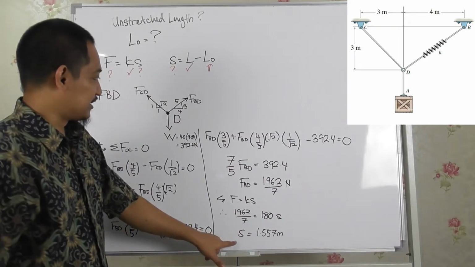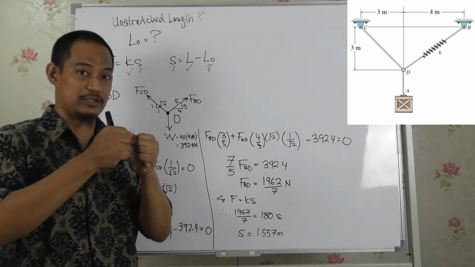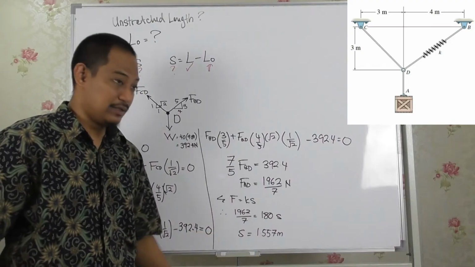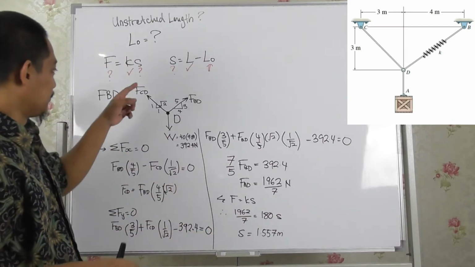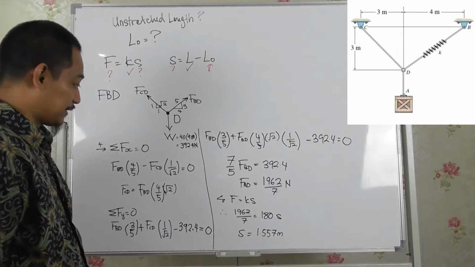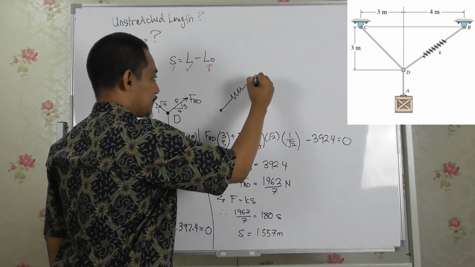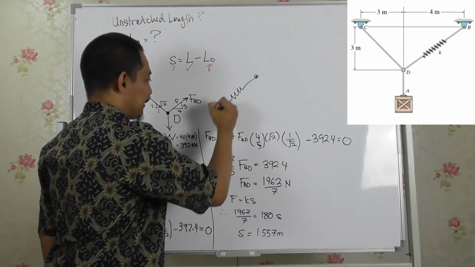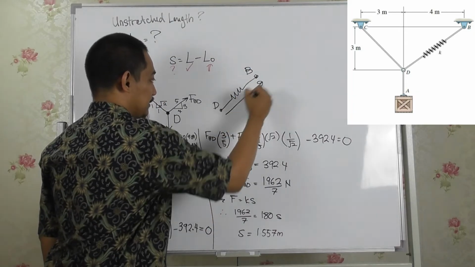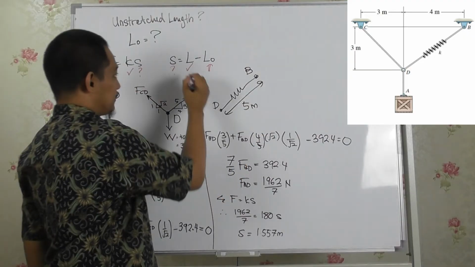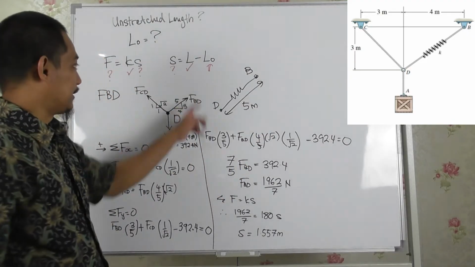So what is this? This is the stretch, meaning the spring has been stretched with this length. If you go back to the original spring length, we have here point D and B. This length is 5 meter, which is L is 5 meter, right?